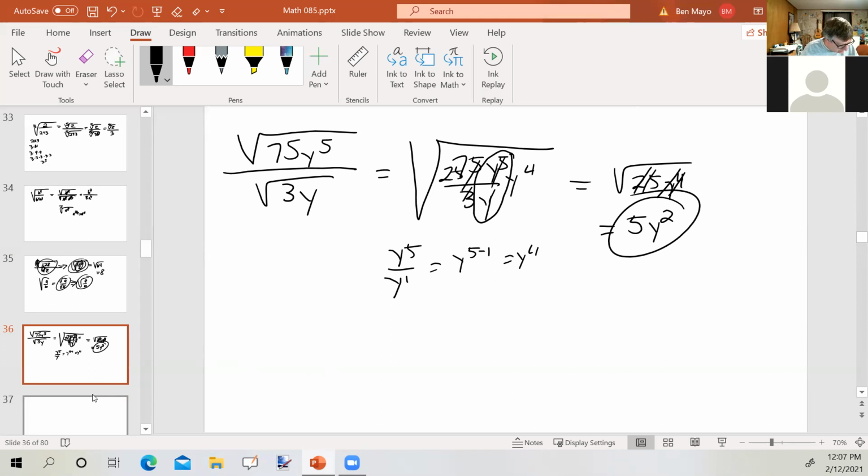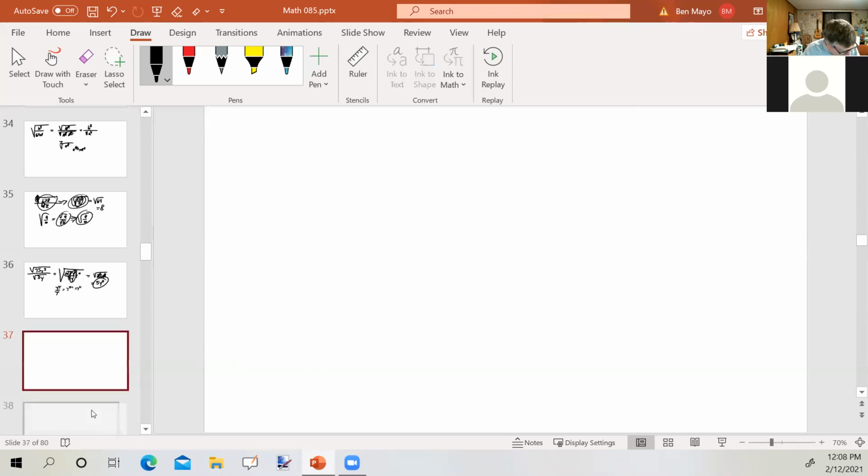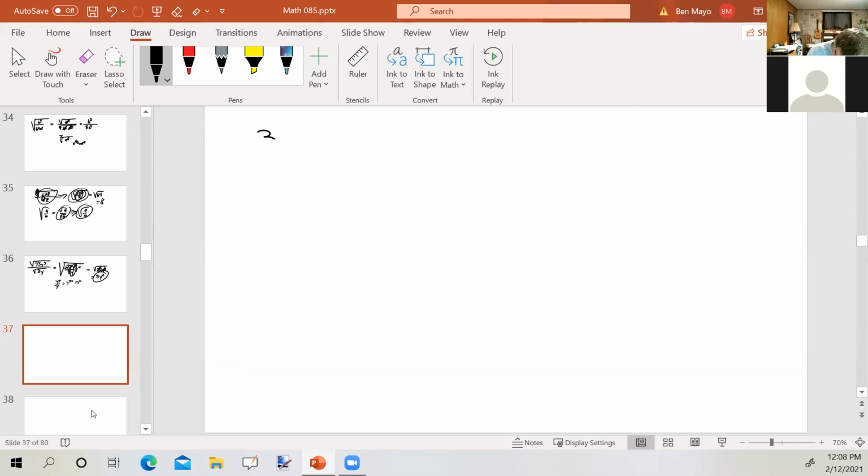Okay. Good to go on or still writing? No, I'm good. Okay. Cube root of 243 x to the 8th divided by the cube root of 9x.